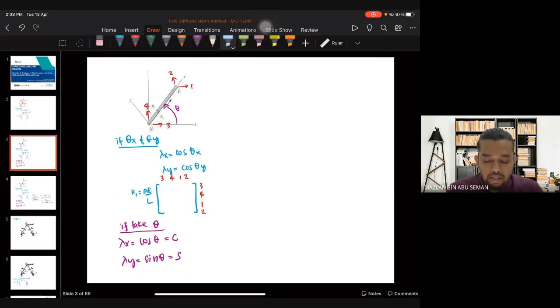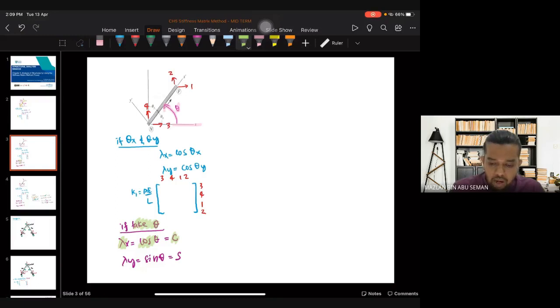Then in some cases, they don't use theta X or theta Y, but use only theta. This theta is taken from the positive X axis. So if we take that theta, lambda X will be cos theta, which we can simplify as C. So C is equal to lambda X, or cos theta.